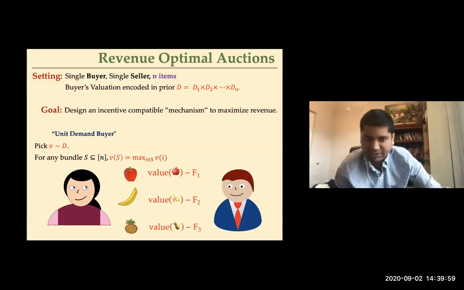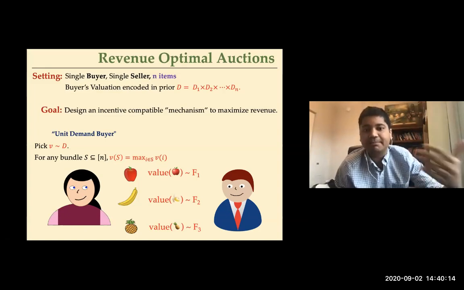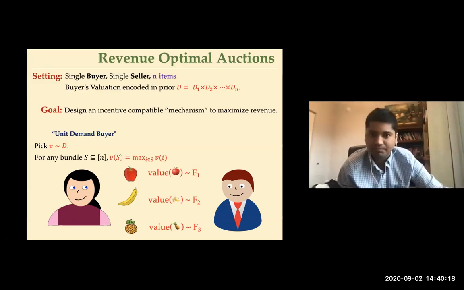So just to recall, because there's a lot of notation going on, there is a certain product distribution on a vector in n dimensions that gives you, in some sense, an a priori value for every item. And for any bundle, the buyer values it as the maximum value of any item inside that bundle. Okay. And our goal is the same. We want to design an incentive compatible mechanism to maximize the revenue of the seller. Okay. That's what I'm going to look at.